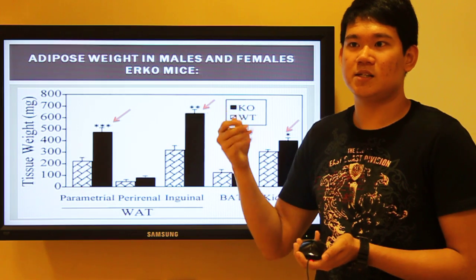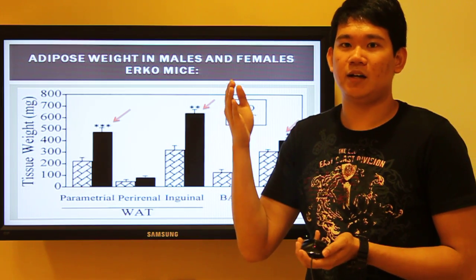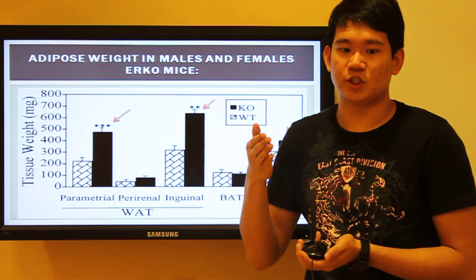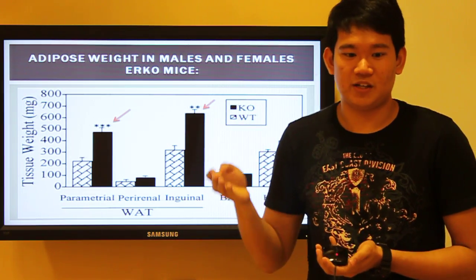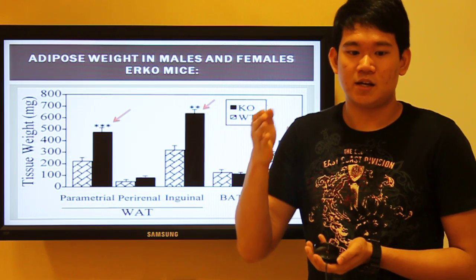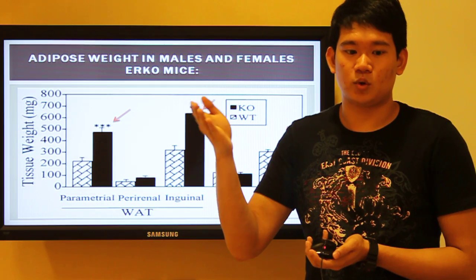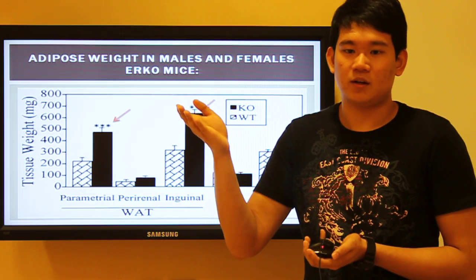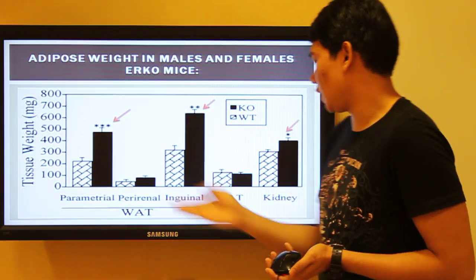This is because the estrogen receptor is the one regulating the conversion of glucose to glycogen, and because this receptor is knocked out in the knockout mice, glucose is now converted to adipose tissue. As such, the tissue weight is now increased in some organs, such as the kidney.